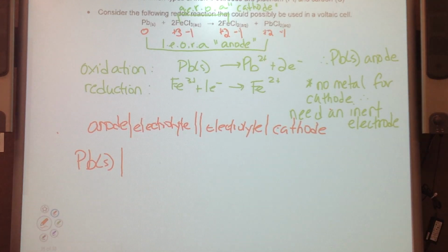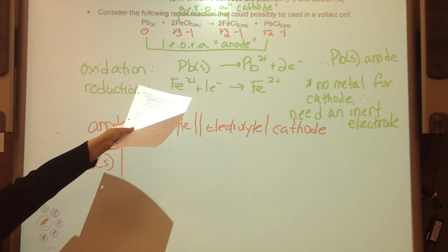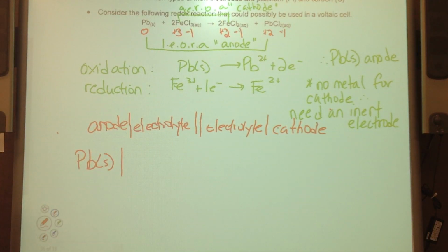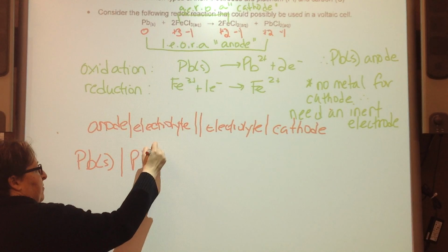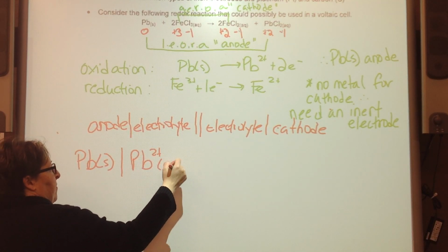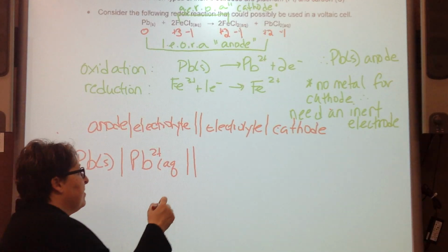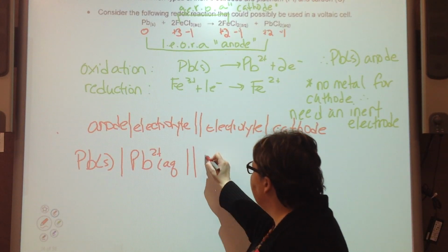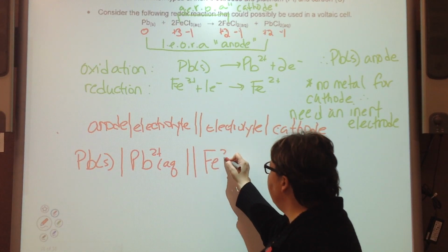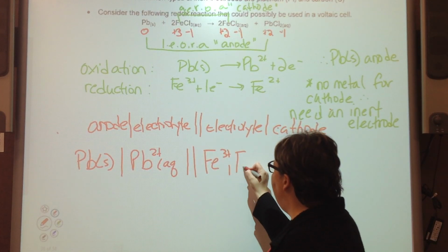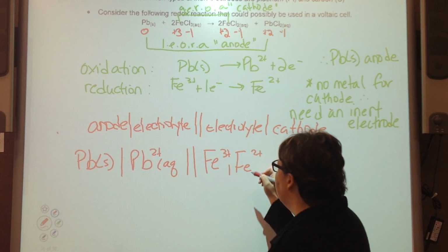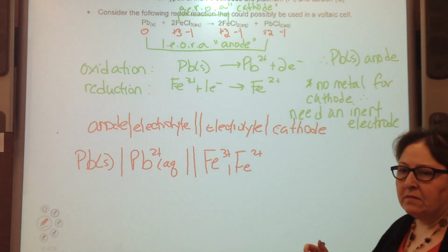And our electrolyte? Cl minus? Nope. Lead went from lead to lead 2 plus. And then here for our electrolyte, we have iron 3 plus, and we're going to have iron 2 plus because we don't get a metal forming.